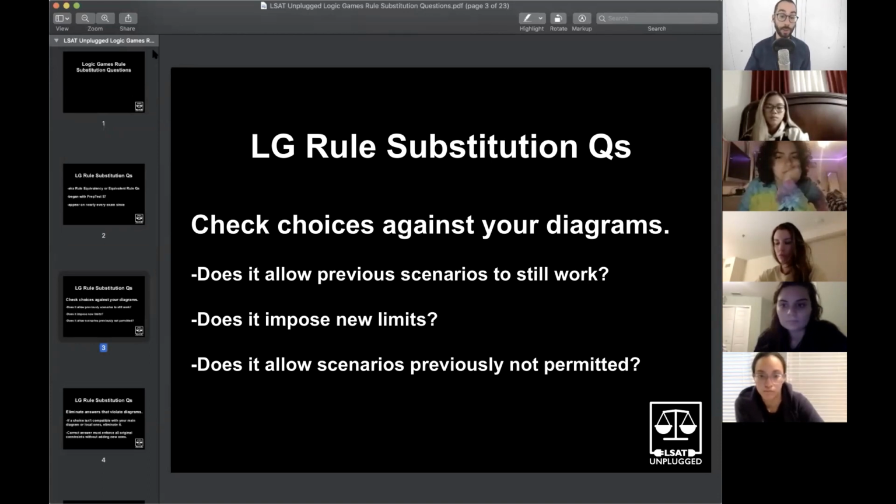Does it impose new limits? Does it allow scenarios previously that were not permitted? So if it imposes new limits and prevents a previous valid scenario from working, it's no good. Alternatively, if it allows a scenario that previously would not have been okay, also no good. So you want something no more limiting and no less limiting.